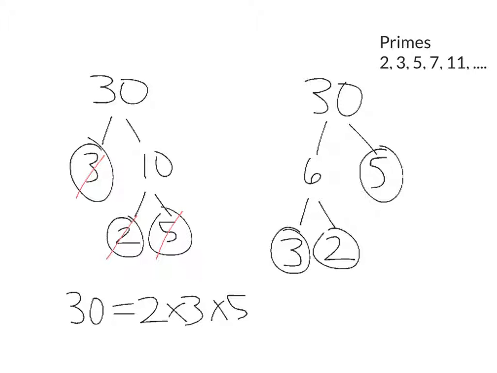Both those are prime. So again, 30 is going to be equal to 2 times 3 times 5. So both of them will give you the same prime factorization, which is this longer multiplication problem. It just is that the path doesn't matter provided you get the division correct.